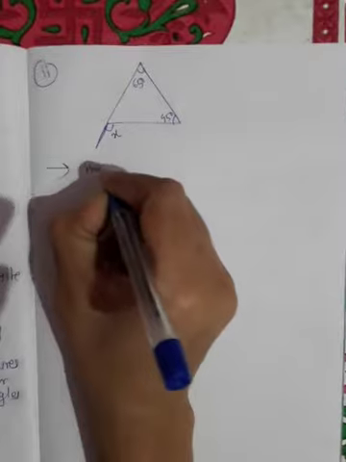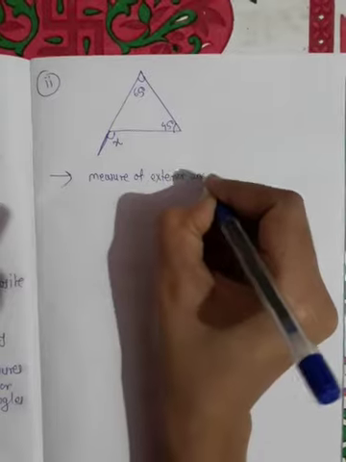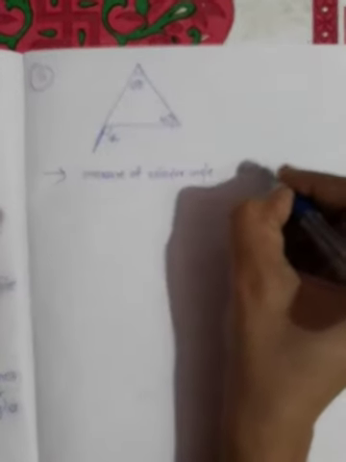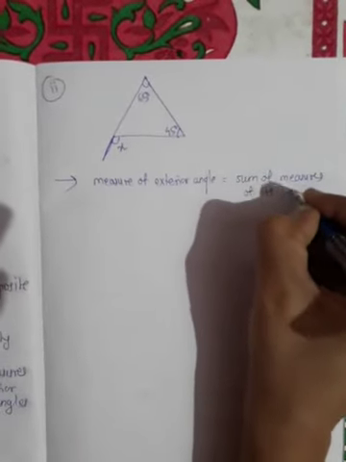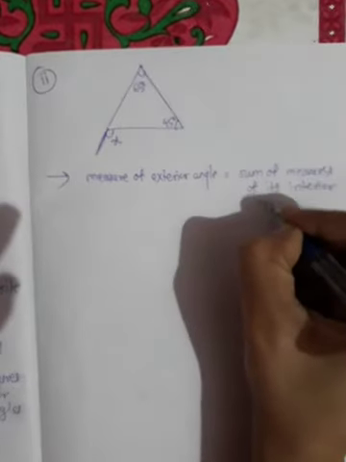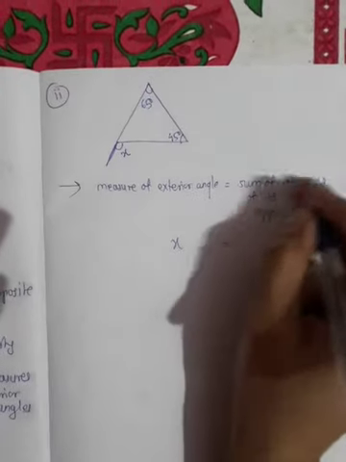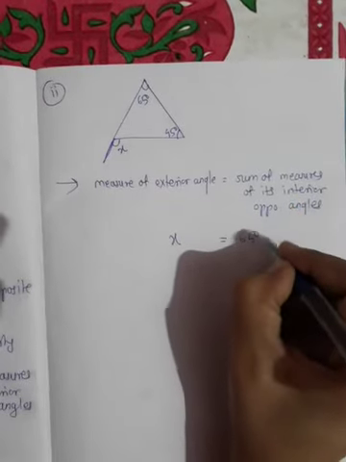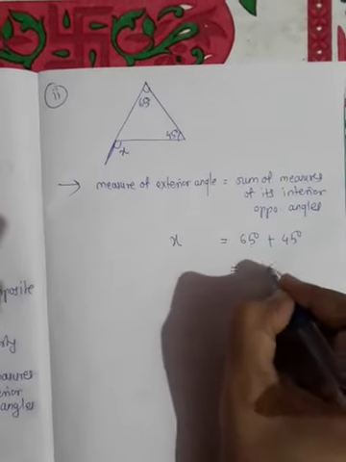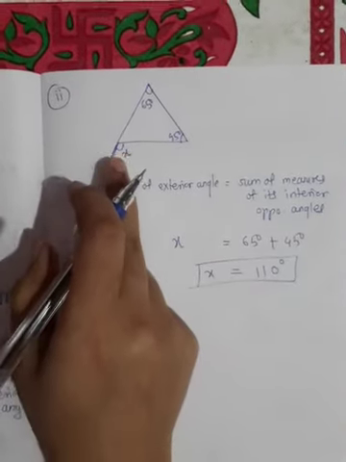So now you can directly write the property: measure of exterior angle is equal to sum of measures of its interior opposite angles. Here measure of exterior angle is x, and these two are interior opposite, so its sum gives 65 plus 45, gives you 110 degree. So measure of exterior angle is 110 degree.